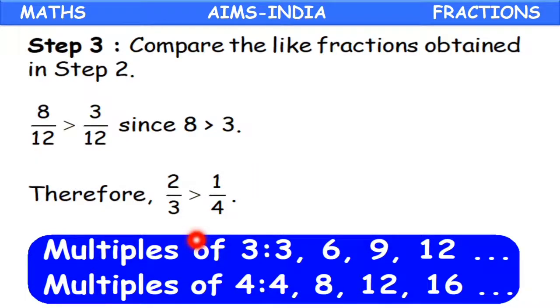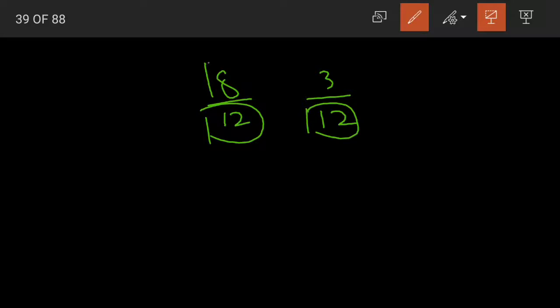Now the third step is, what is it, children? We have to compare these two. Yes, if we compare 8 by 12 and 3 by 12, the denominators are the same, so we'll go for comparing the numerators. 8 is the bigger numerator here, so 8 by 12 becomes greater than 3 by 12.